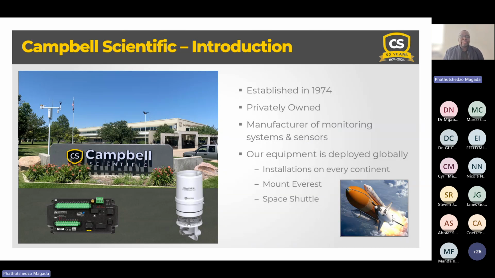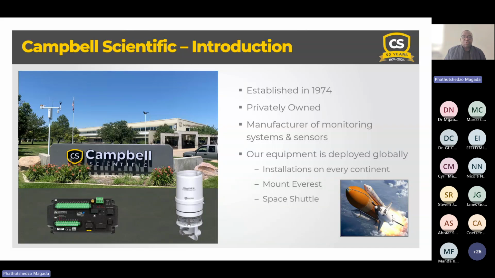The company's early direction was strongly influenced by soil science, which highlighted the need for automated, precise field measurement. So it is privately owned and has manufacturing facilities in Logan in the United States.